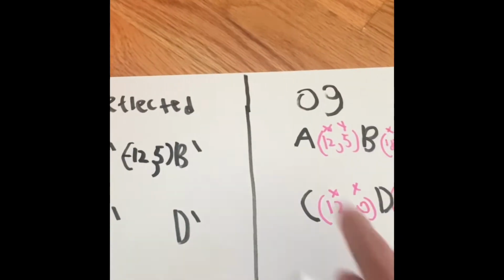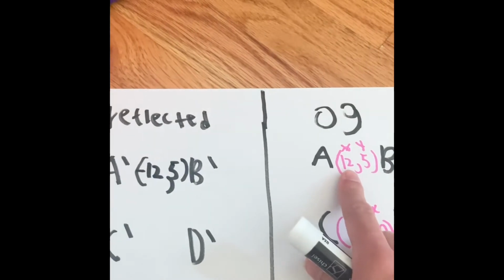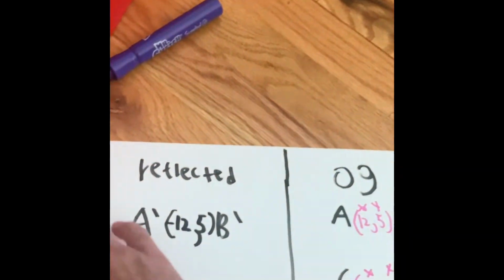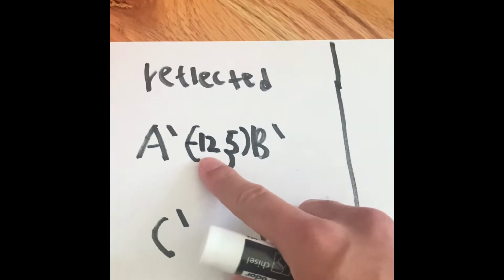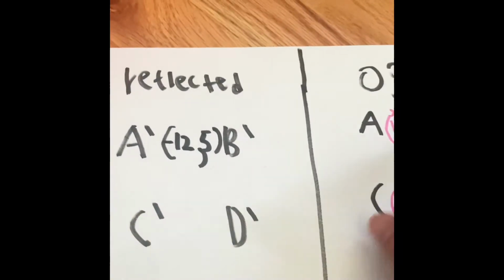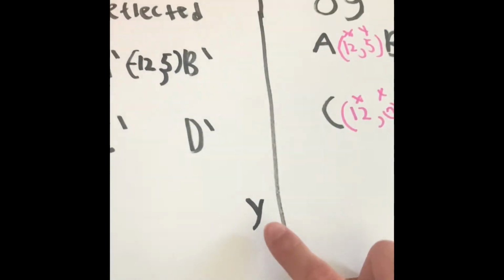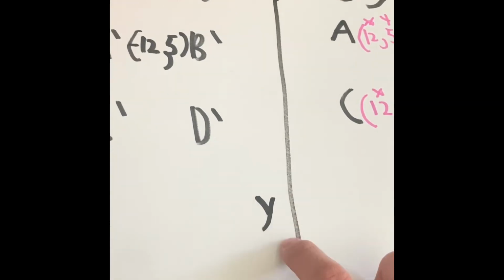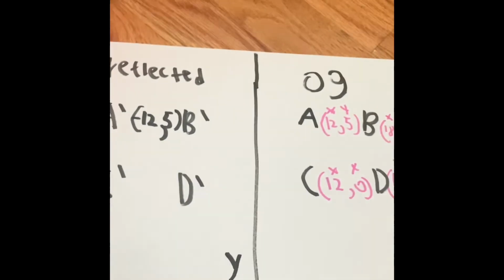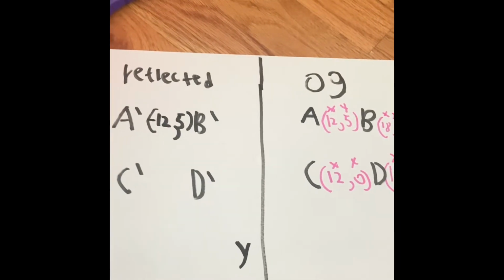For example, 12 was on the right side, but if you flip it over, negative 12 would be the opposite. The 5s are not going to change because those are the y values. When you reflect over the y-axis, your y value stays the same.